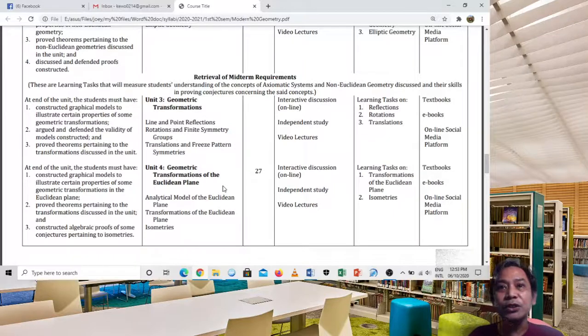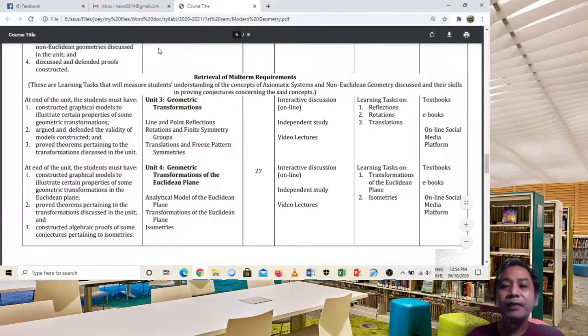Some functions may interestingly transform, or change the form of, a set of points, for example a line or a line segment. The effect of a particular function can either be to shrink the line, to stretch the line, or simply to transfer the line to another place in the plane. These are what we call transformations. This would be taken up in the last 2 units of this course.